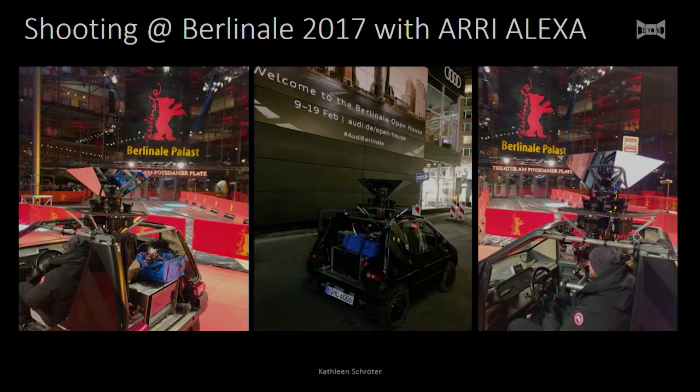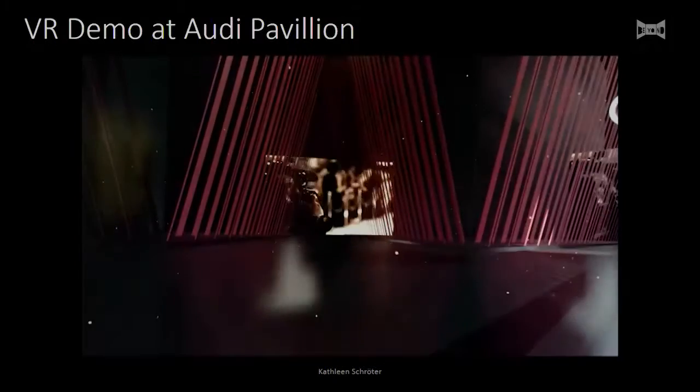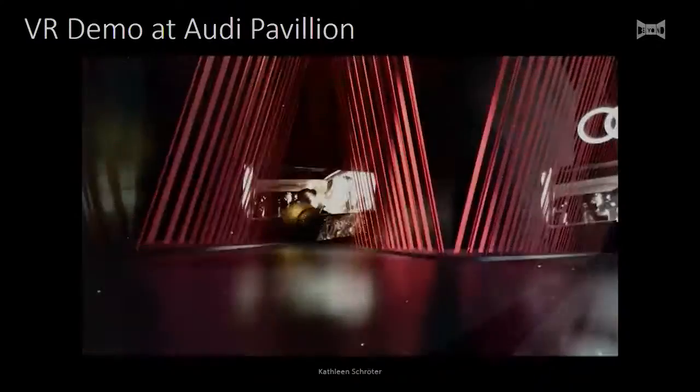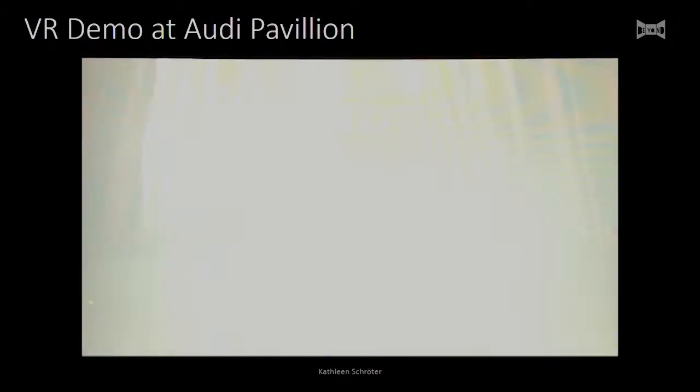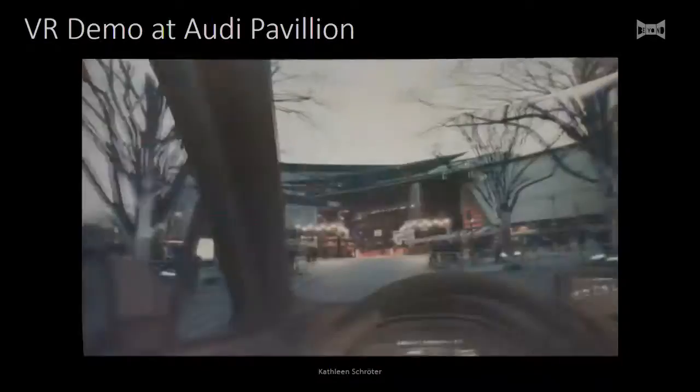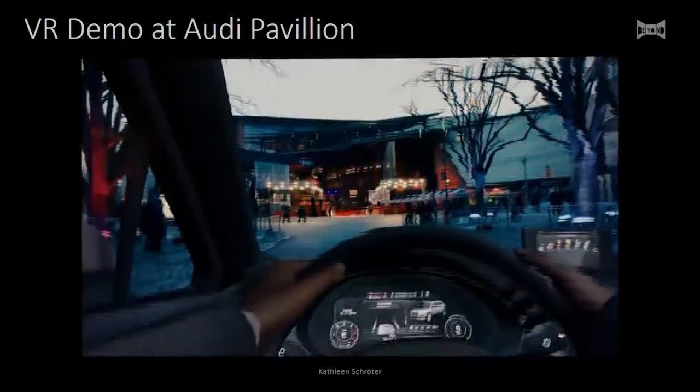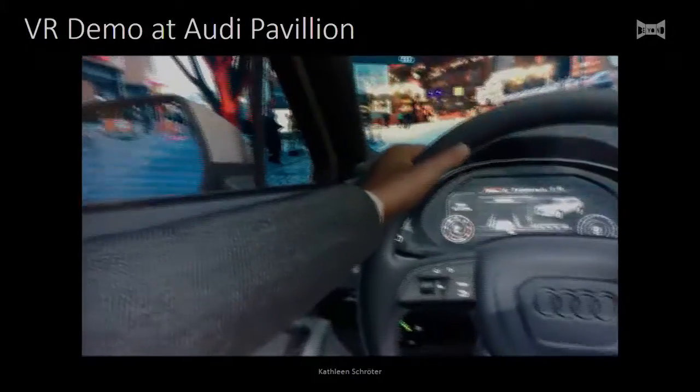One more recent example of the ARRI Alexa version of OmniCam is the shooting at the Berlinale, which we did with ARRI together for Audi. And basically, one of the use cases is here a mixed reality version.